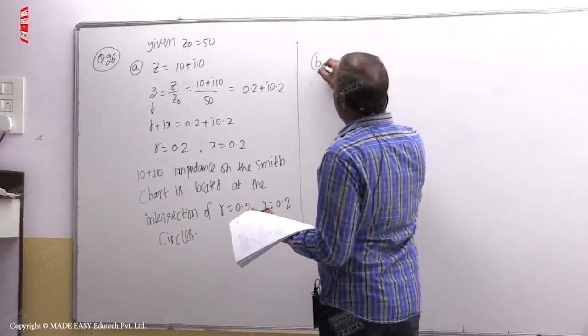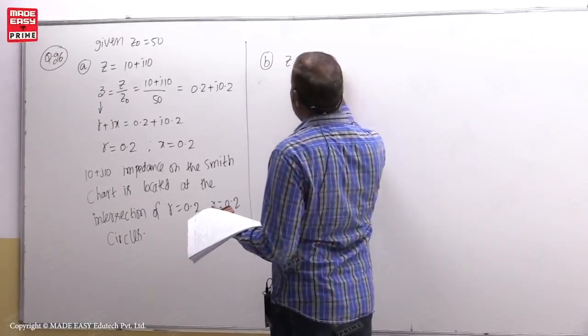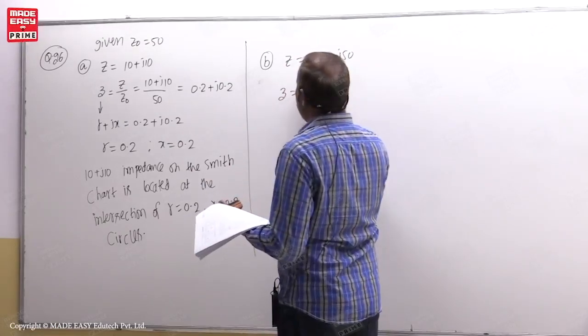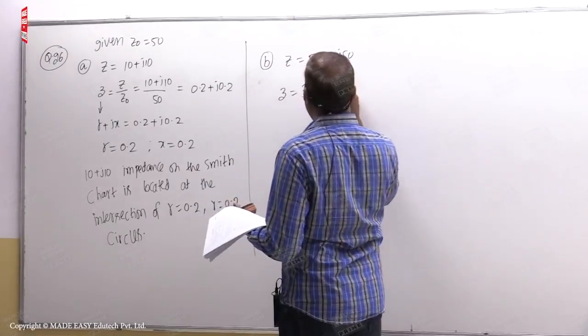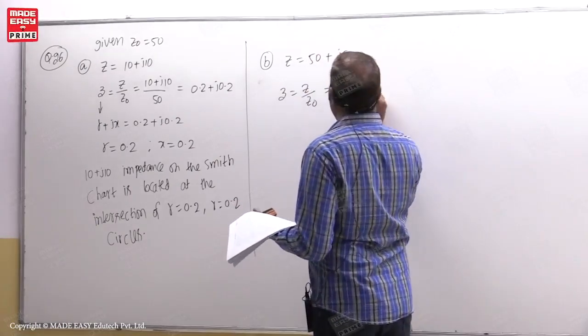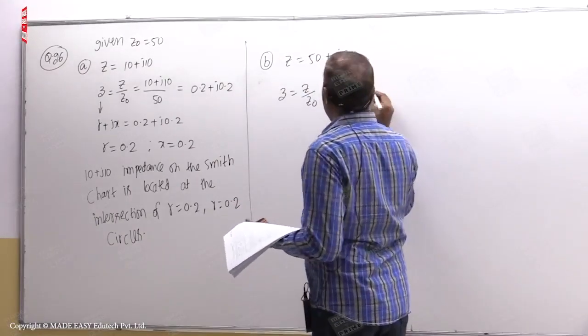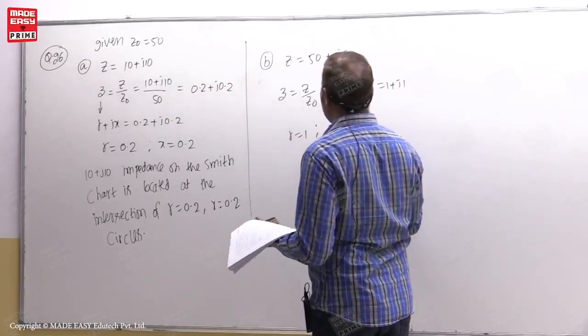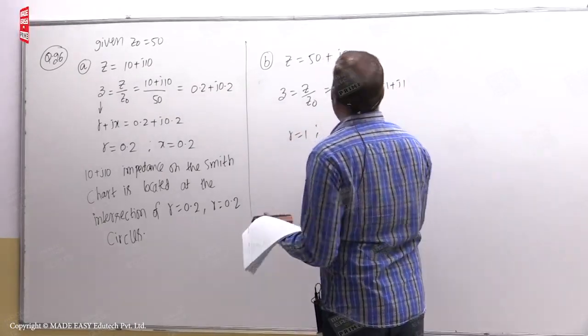So similarly, for option B, z is equal to 50 plus j50 given. So normalized impedance z by z0 is equal to 50 plus j50 divided by 50, and that is 1 plus j1. So r is equal to 1, x is equal to 1.